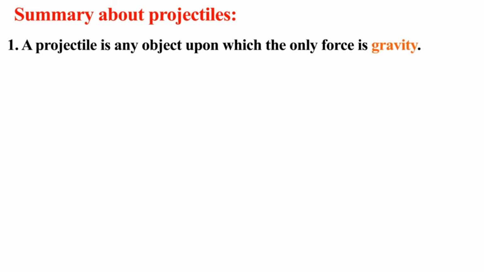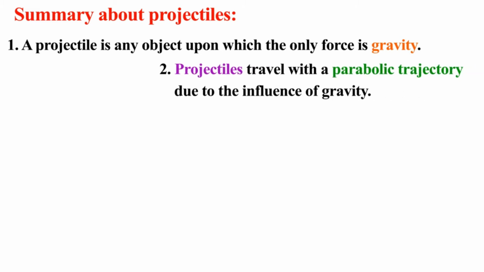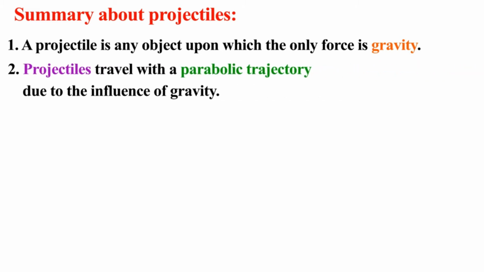Now, let us try and summarize all that we have just said about a projectile. A projectile is any object upon which the only force acting is gravity. And projectiles travel with a parabolic trajectory due to the influence of gravity.